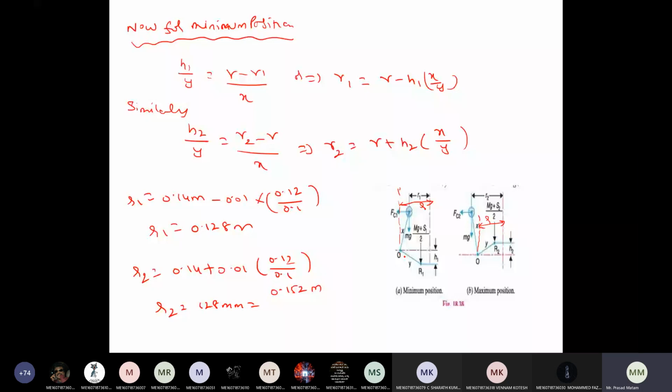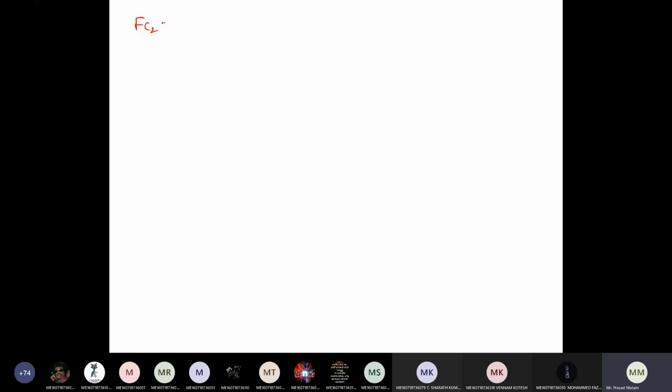Try to find FC2 and FC1. Now the next step, try to find FC2, the maximum centrifugal force, and FC1. FC2 I can find as m r2 into omega2 square, and FC1 as m r1 into omega1 square. Try to find FC2.